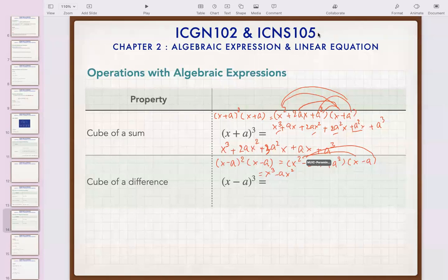Then I multiply negative 2ax with x minus a, and lastly I multiply a squared with x minus a. Then I combine the like terms together.